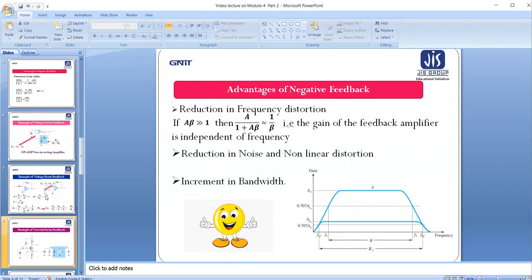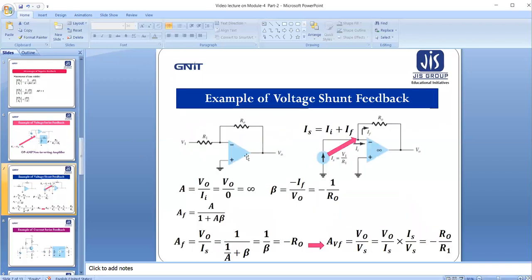Therefore, in the voltage shunt, this circuit will produce a much reduced frequency distortion, and the feedback circuit is the purely resistive one. Why resistive? Because A beta is much greater than 1. Why is A beta much greater than 1? Because A is infinity, so the product will also be infinity.